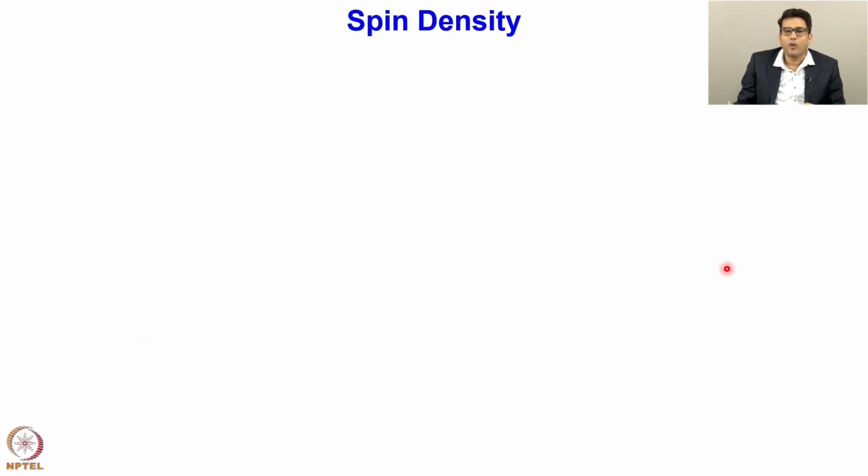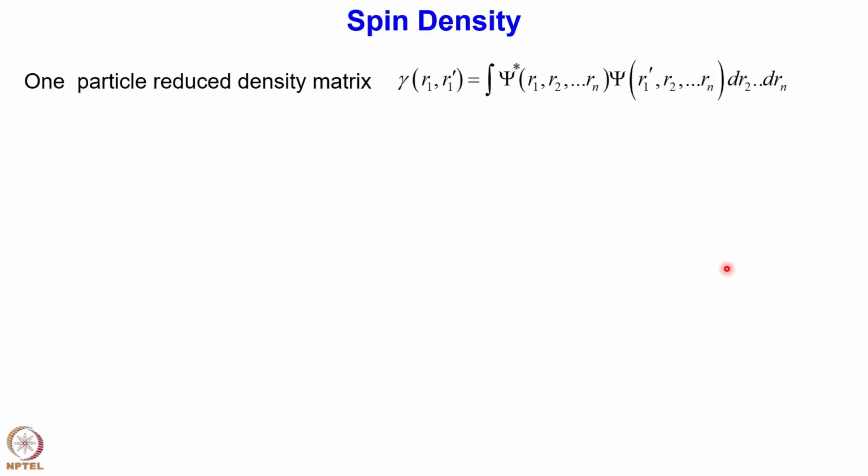Now, one of the important tools to deal with open shell systems, to interpret the properties of open shell systems, is to use what is called the spin density. Now, the question is, what is density? To know what density is, we first need to know what the one particle reduced density matrix, gamma, is. You see that gamma has two coordinates, R1 and R1 dash. I take my wave function, which actually has n coordinates, R1, R2 up to Rn.